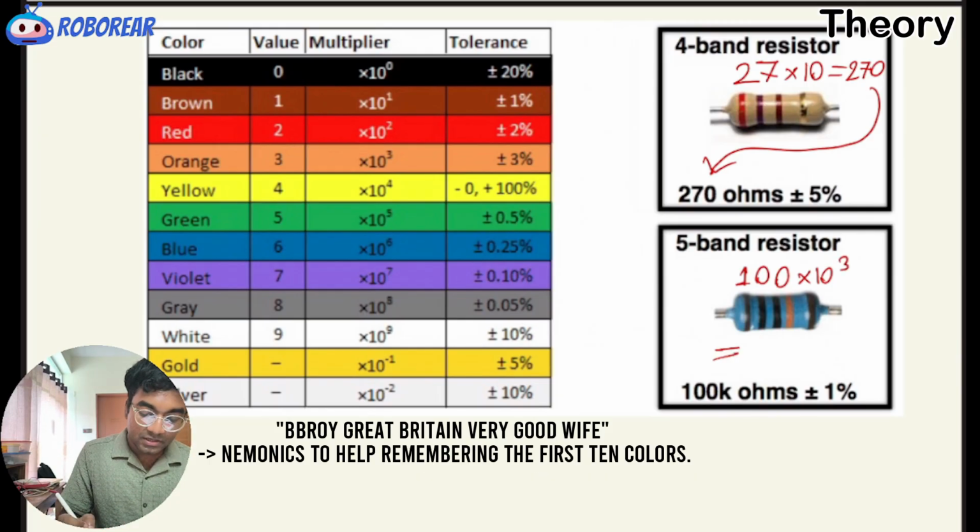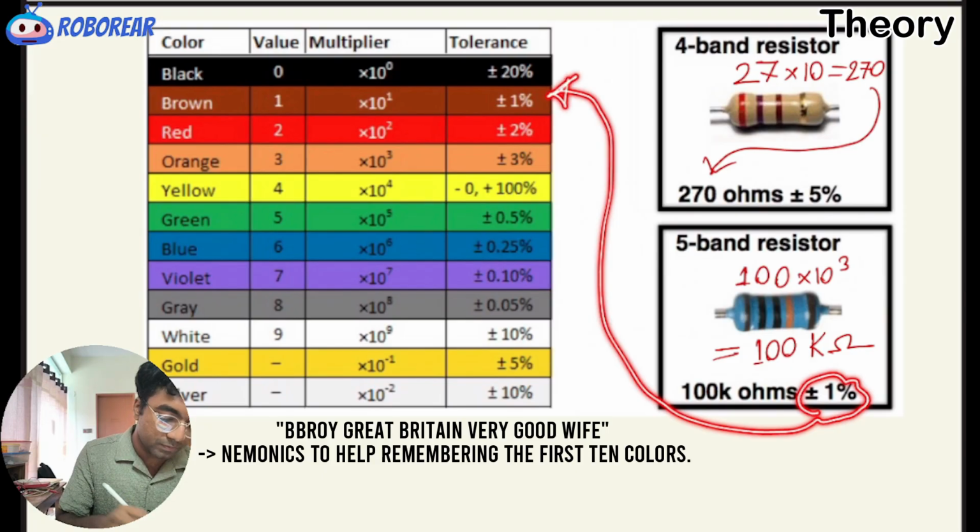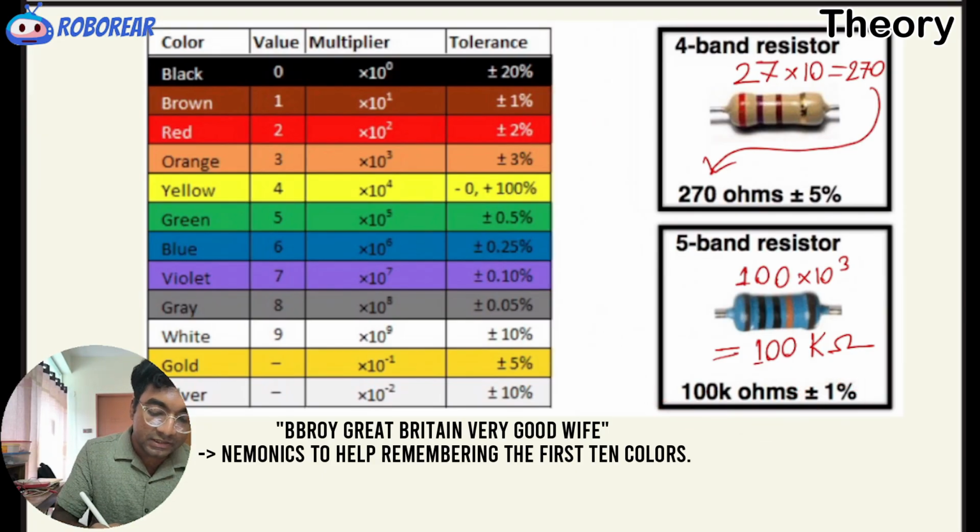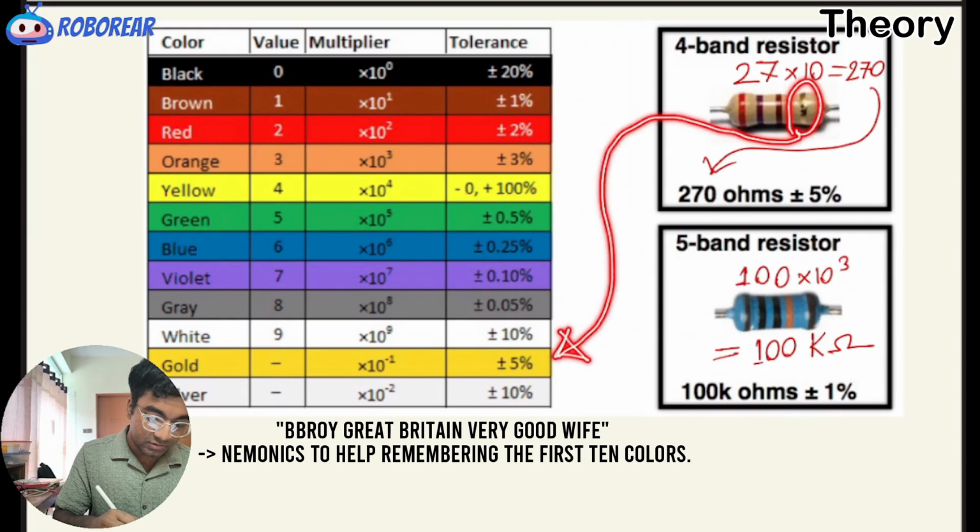That means 100 times 10 to the power 3 is 100,000 ohms or 100 kilo ohms. And lastly, the tolerance value, how much it can differ. This band is brown, so brown defines the tolerance is equal to plus minus 1%. And here, the same, 5% because this is golden.